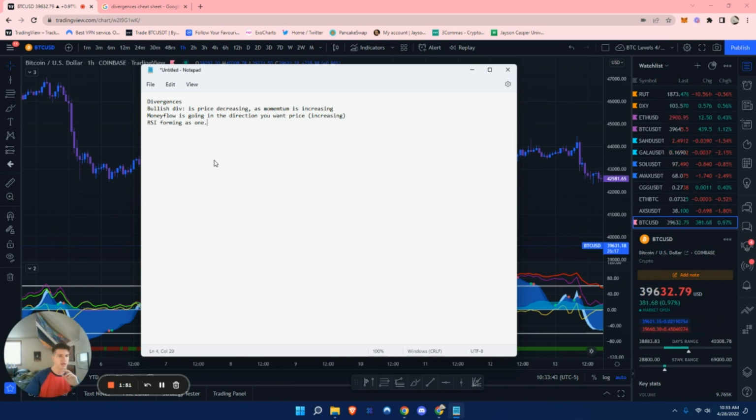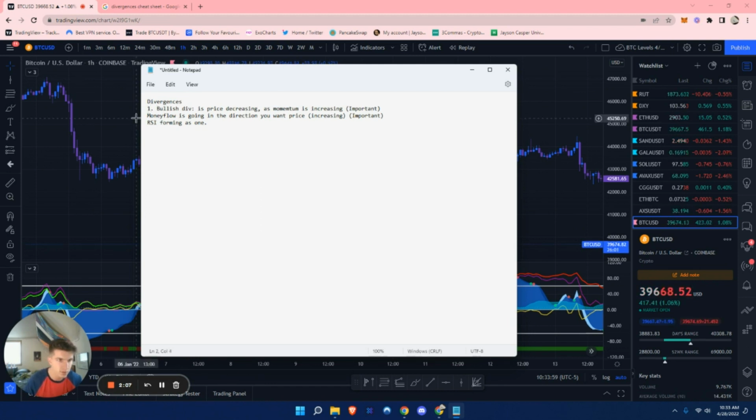Again, this is not as important, but I'll say these first two are very important. You kind of want them going side by side. So I'm just going to put a note that these two are important, and I'll number these. Why not? Make it more organized.